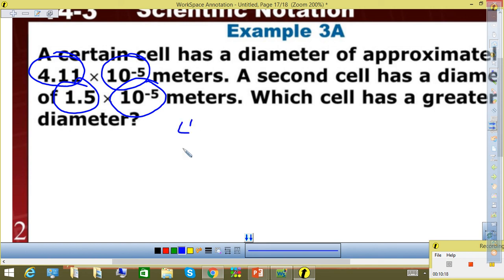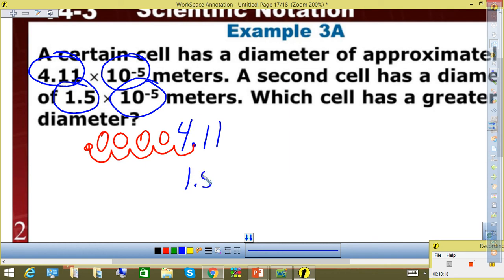Yes? So now, let's elaborate. Let's go with this one, 4.11. And I'm going to move it how many times? 5. 1, 2, 3, 4, 5. 1, 2, 3, 4, 5. Okay? And then this one is 1.5. And I move it 5. 1, 2, 3, 4, 5.